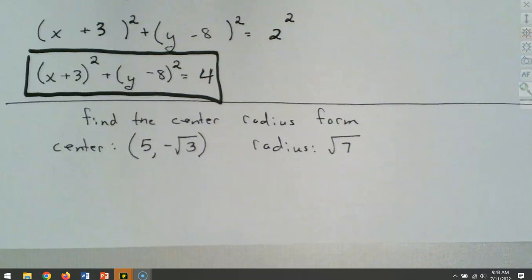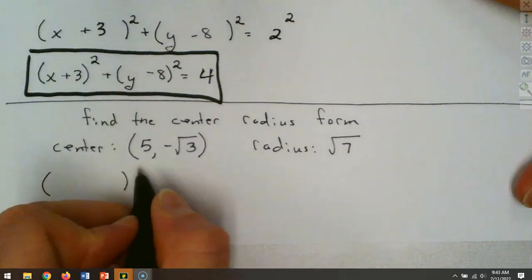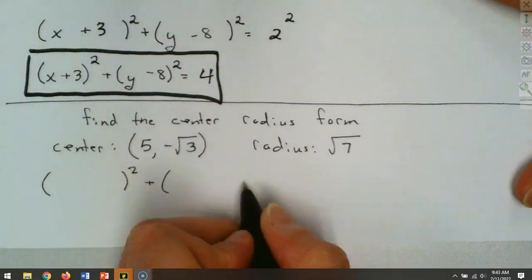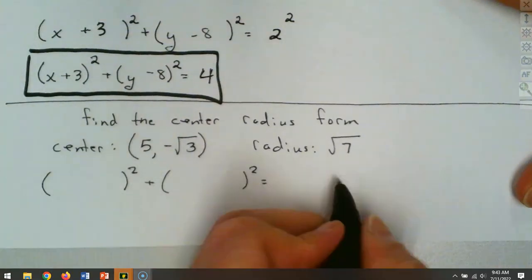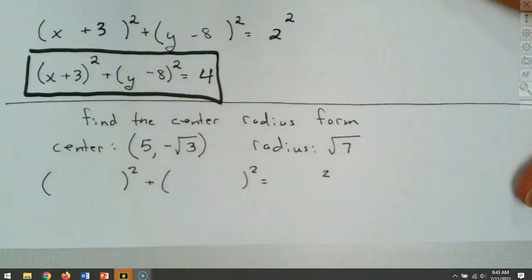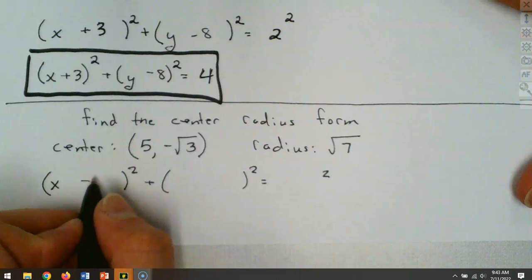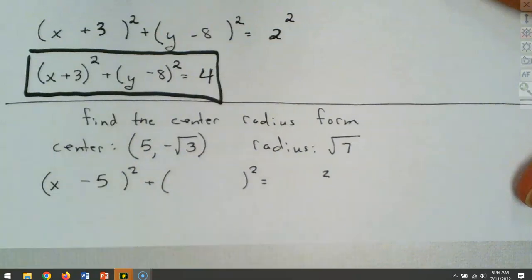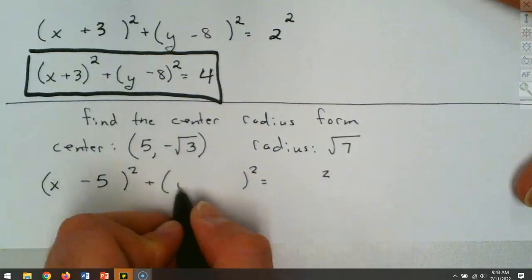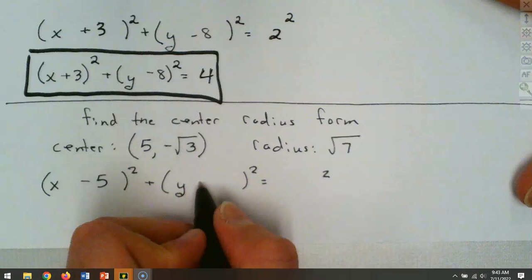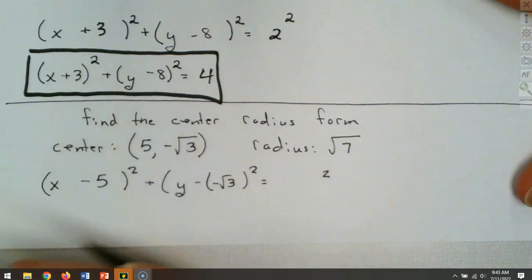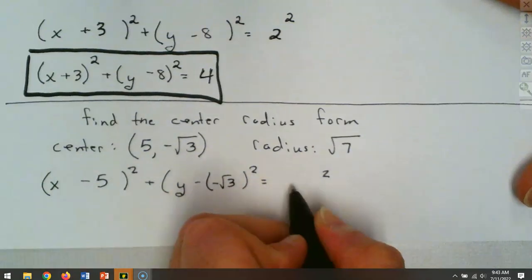Well, what's my center radius form going to look like? We always write it down with our parentheses and the squares. So we switch our signs, so it's going to be x minus 5 quantity squared. You always switch the signs when it goes from the center to the center radius form. And then y minus a minus square root of 3, so we'll switch that out. And what's the other side?